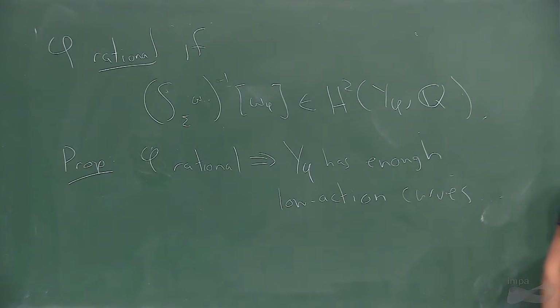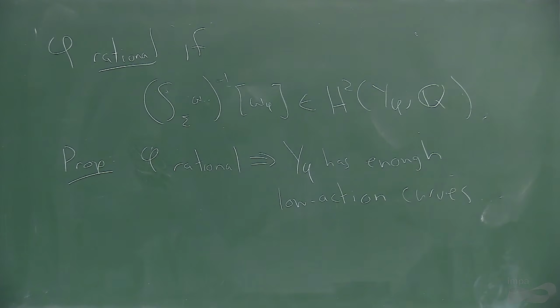So the way that we're going to produce the low-action curves is using what's called the U map on periodic Floer homology. Thankfully, Brian already explained the theory of ECH for contact manifolds, and he explained that ECH had this U map structure, which counts ECH index 2 curves with point constraints.